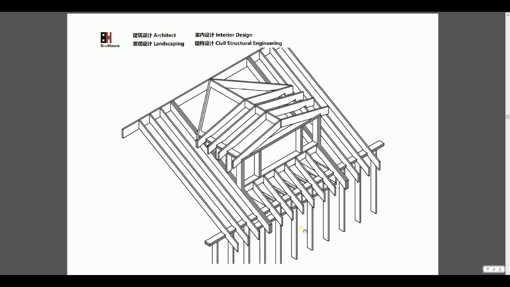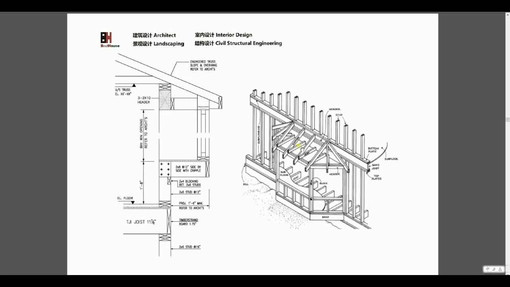For the living house we don't use the truss because the span is very small. The truss is hard to fabricate. So for the living house we just use the rafter for framing.